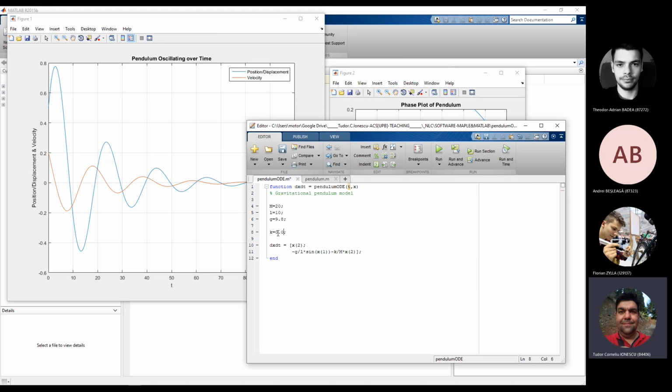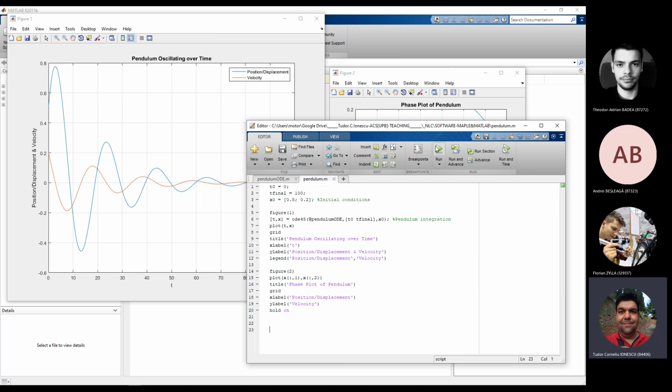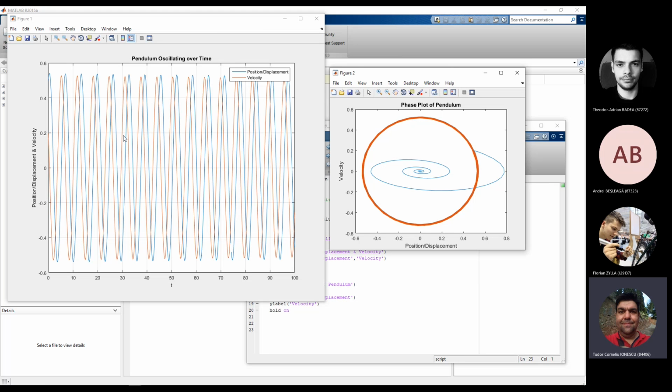Let's make the friction very small and see what happens. Look, the oscillations do not die out. And look at the behavior. It looks like a circle. So this is a limit cycle? No, this is not. This is a center behavior.